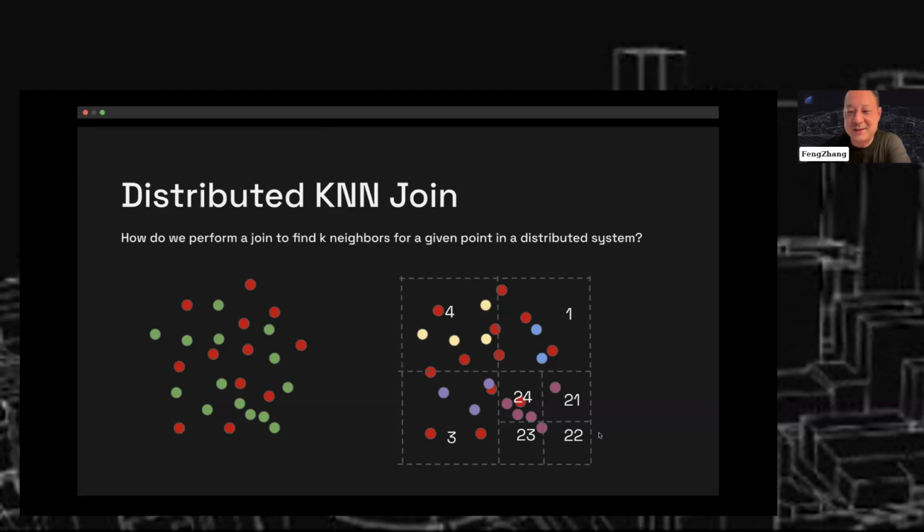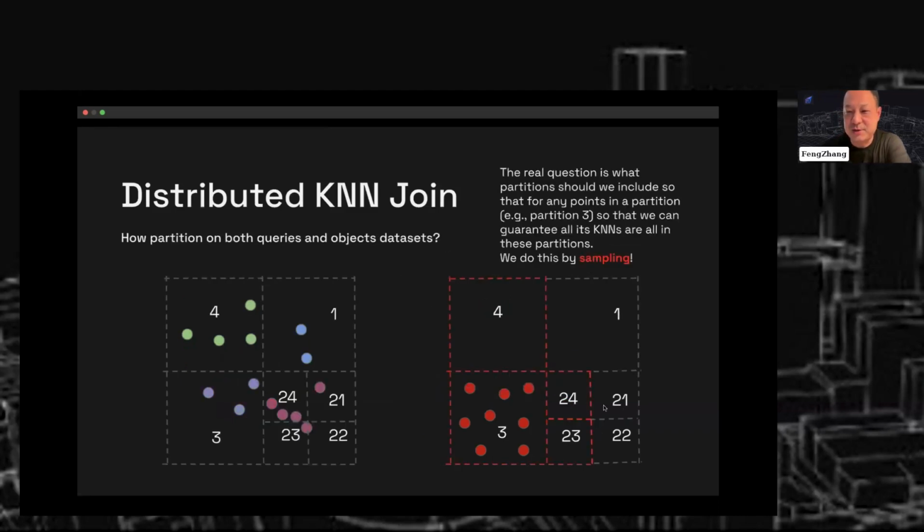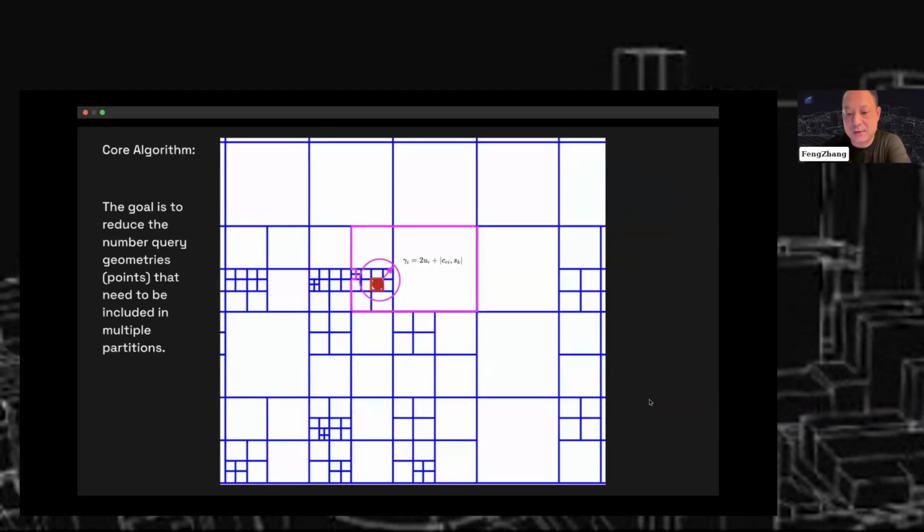So basically our implementation finds a way, and the trick is to find the minimal partitions that you should include for each point on your query side, so that you have exactly enough geometries on the object side to finish your KNN join.